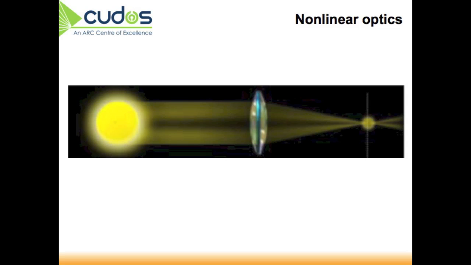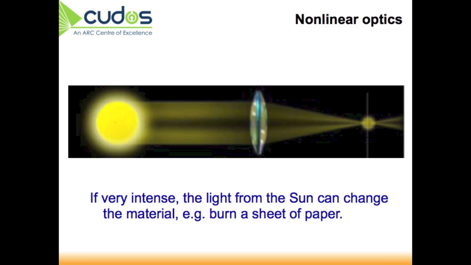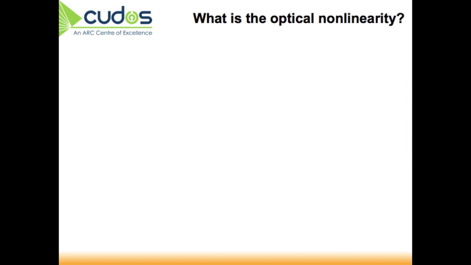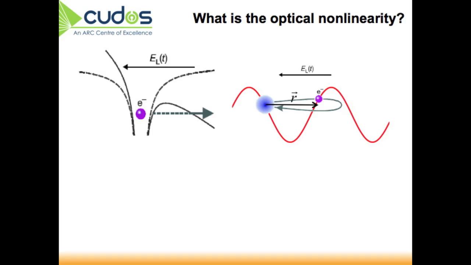So a good example of nonlinear optics is simply the fact that when you were kids and you took your magnifying glass outside, saw some ants, you probably attempted to burn the ants by focusing the light down. That's nonlinear optics. Okay? At an atomic scale, what's happening here is that the electromagnetic field, the light field, is actually interacting with the electron cloud.